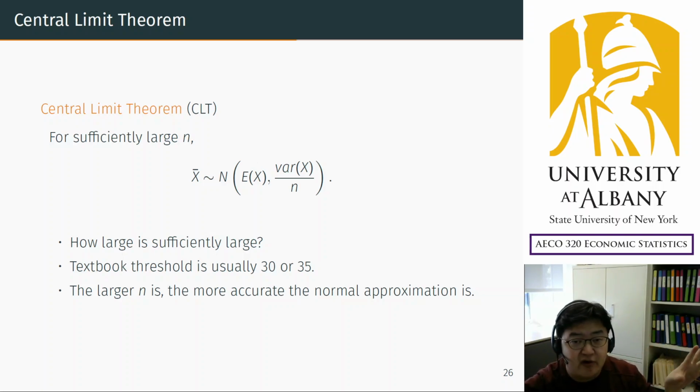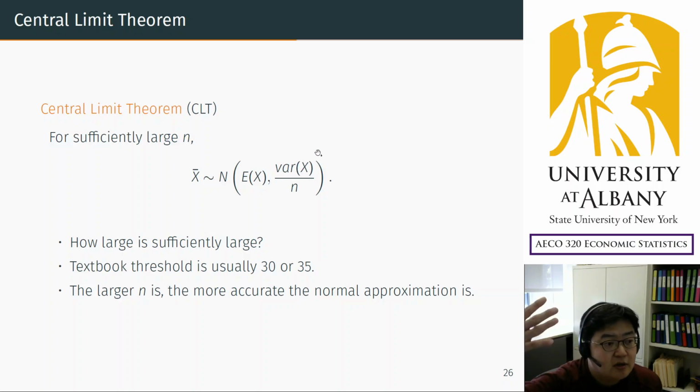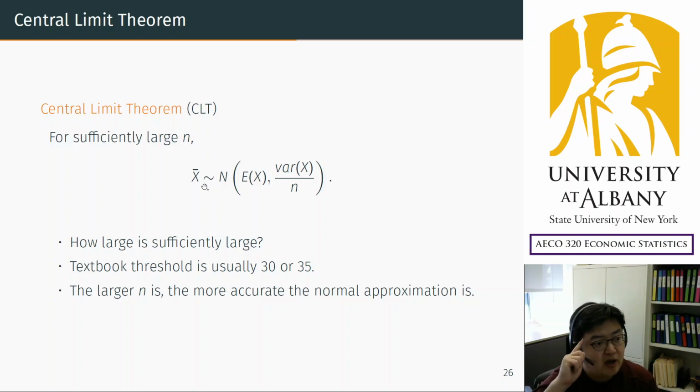They are using different experiments. So this expectation and this variance are coming from the single observation experiment, but this X bar is coming from a large scale experiment. So it's very confusing, but you have to imagine what we are talking about and what I'm using here.